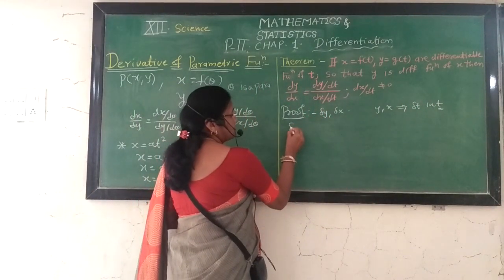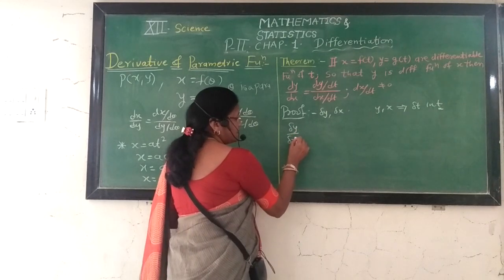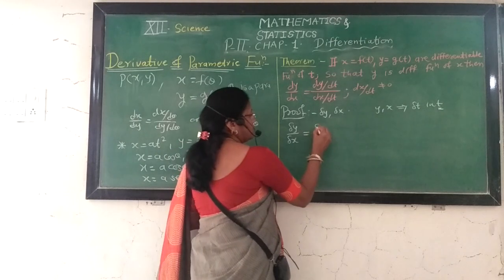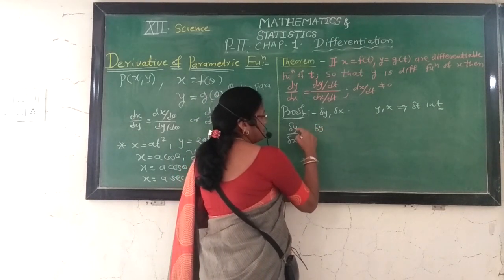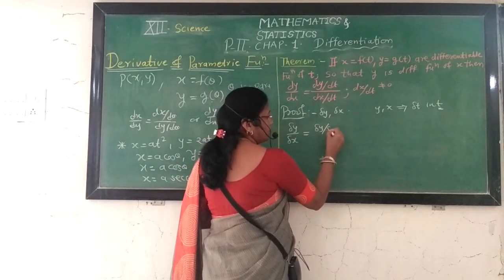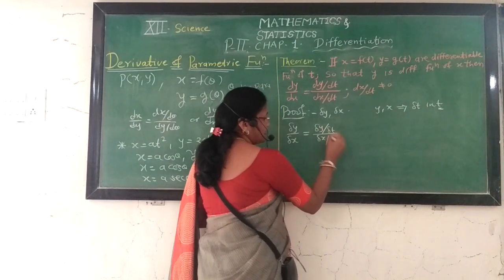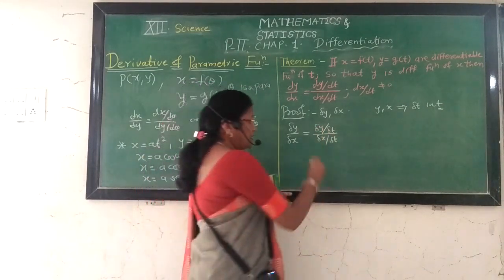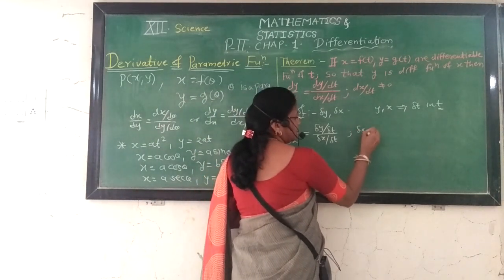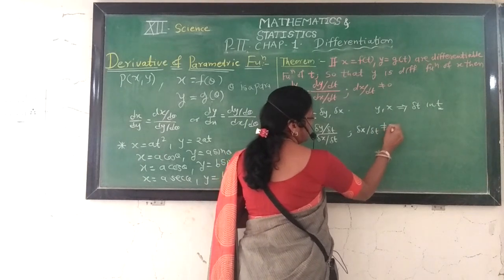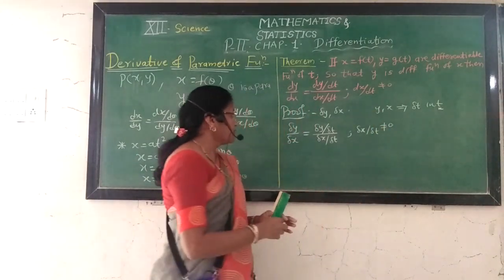Now we consider delta y by delta x. This incremental ratio can be written as the division of delta y by delta t upon delta x by delta t, assuming that the denominator is never 0, meaning delta x by delta t is not equal to 0.